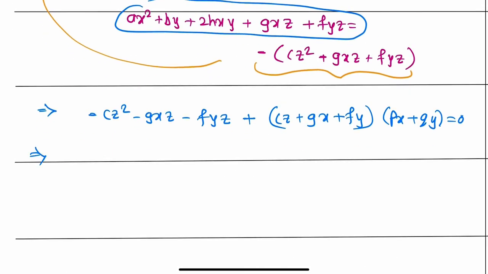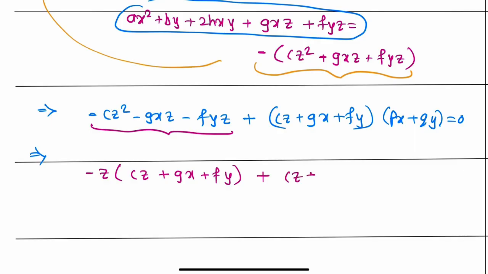Now from these terms, can I take z as common, or let us say minus z as common? I get minus z into cz plus gx plus fy, plus this term as it is, cz plus gx plus fy into px plus qy, equals 0.